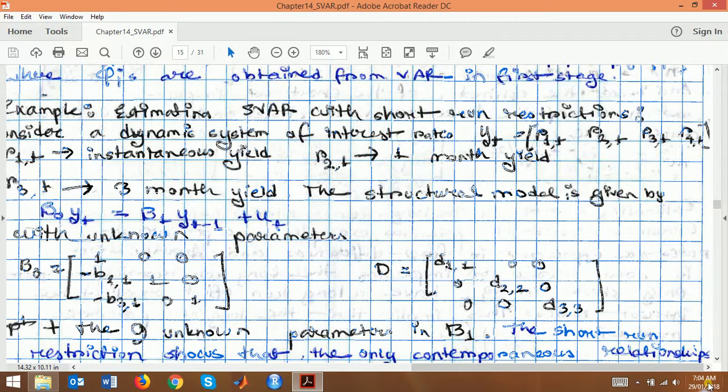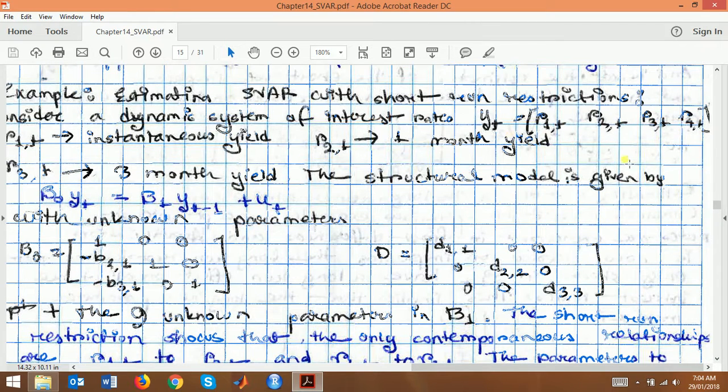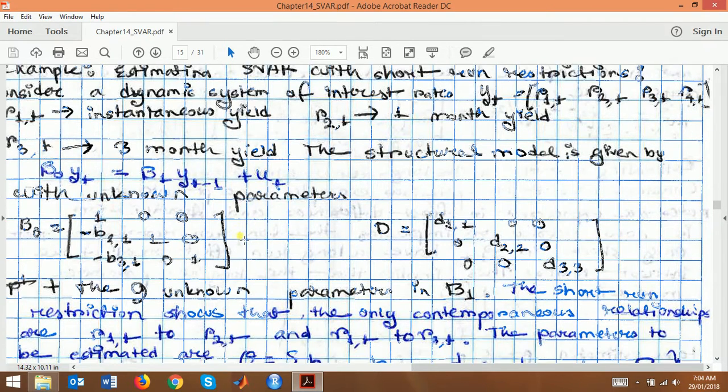So it's kind of like moving forward. When you're talking about R2, taking beta 2 on the right hand side, we have minus beta 21, 1, 0. R3 is the 3-month yield, so beta 3, 0, 1. Probably the 1-month yield doesn't have any effect, it is not important for the 3-month yield.